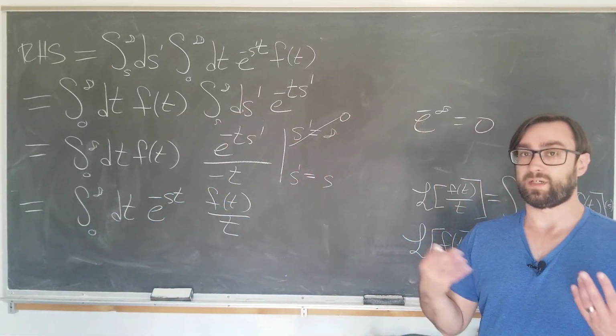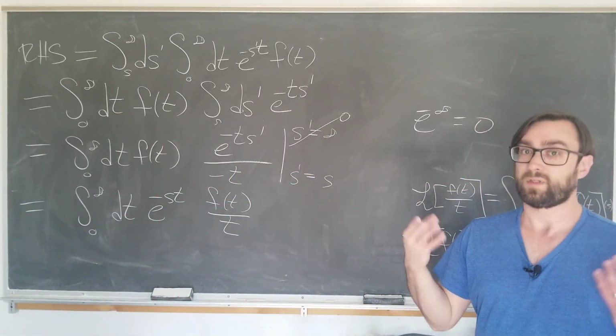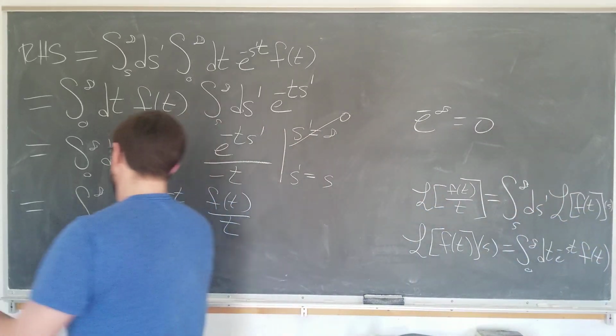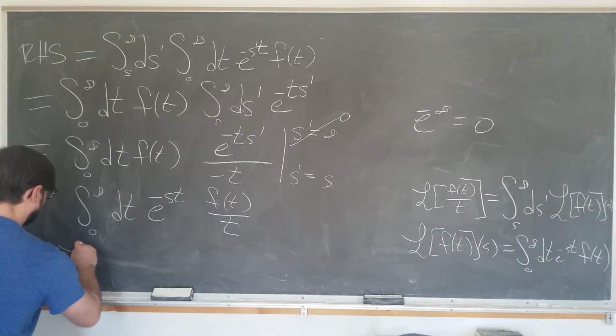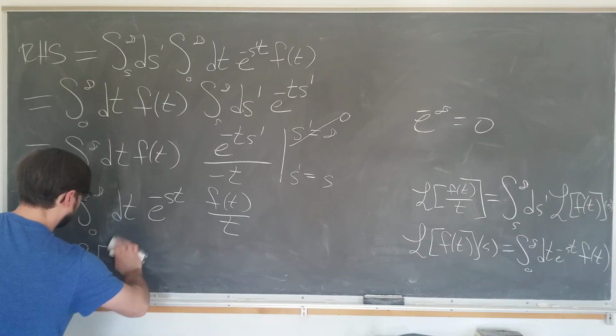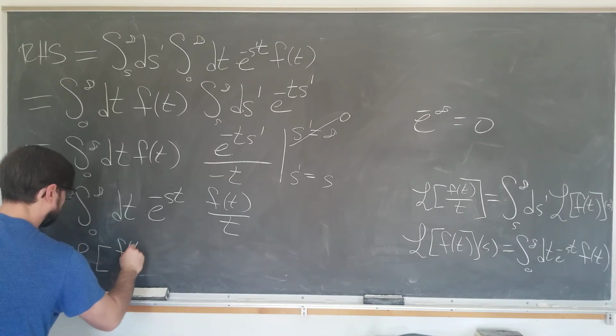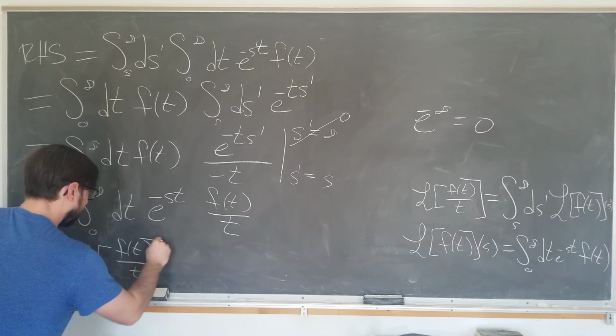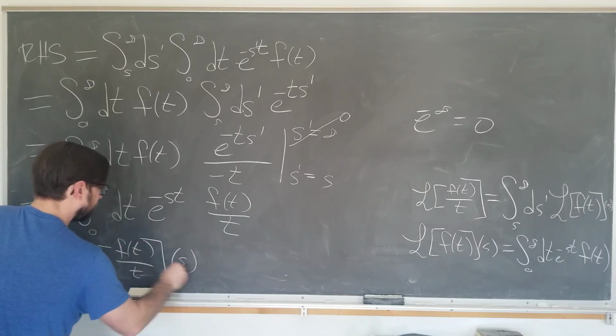I just wanted to write it in this form for clarity's sake. And yep, this tells us that this is equal to the Laplace transform of some function of time divided by time, the whole point of what we're doing, in a new variable, s.